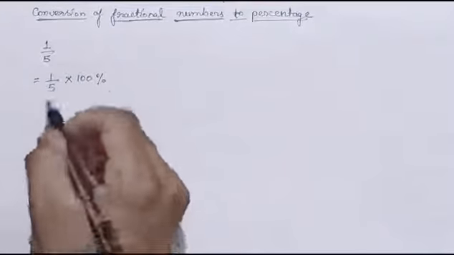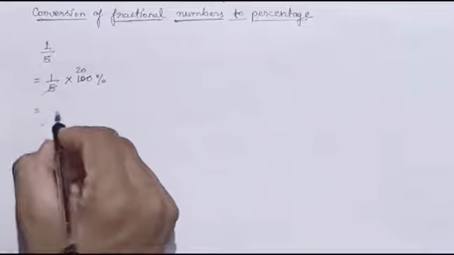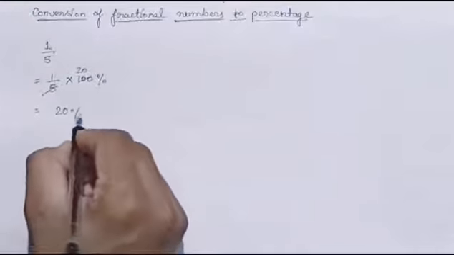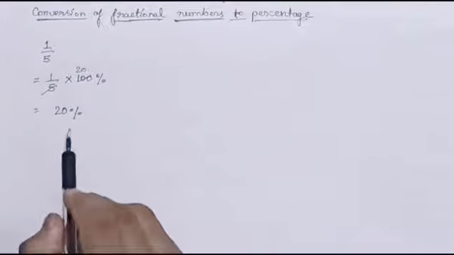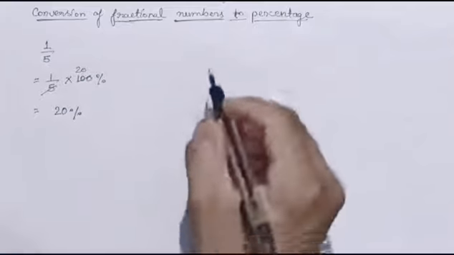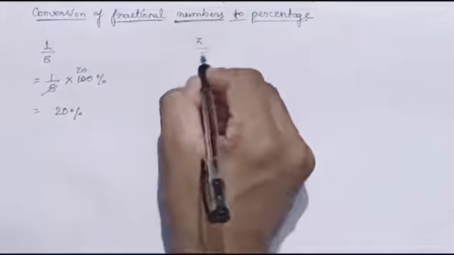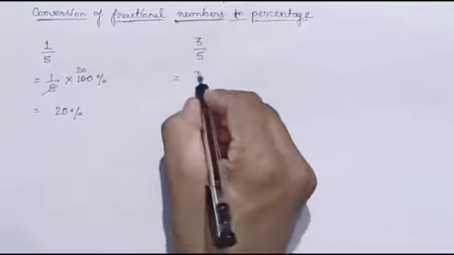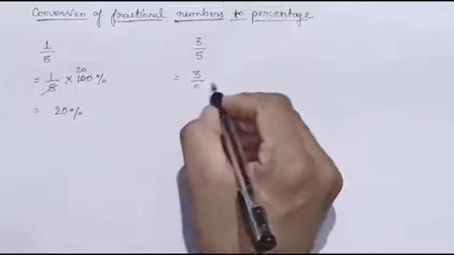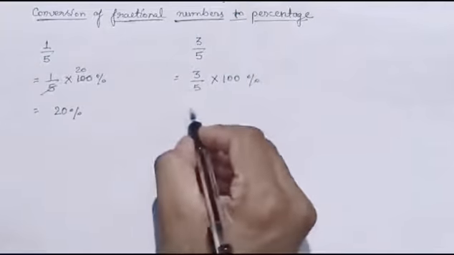Now let us simplify it. Then you know 5 20 times 100. So it is equals to 20%. It means the fraction 1 by 5 is equivalent to 20%. Let us see one more example. Suppose we have to convert the fraction 3 by 5 to percentage. Then what we do? We can write 3 by 5 as 3 by 5, multiply it by 100 and put the percentage sign.